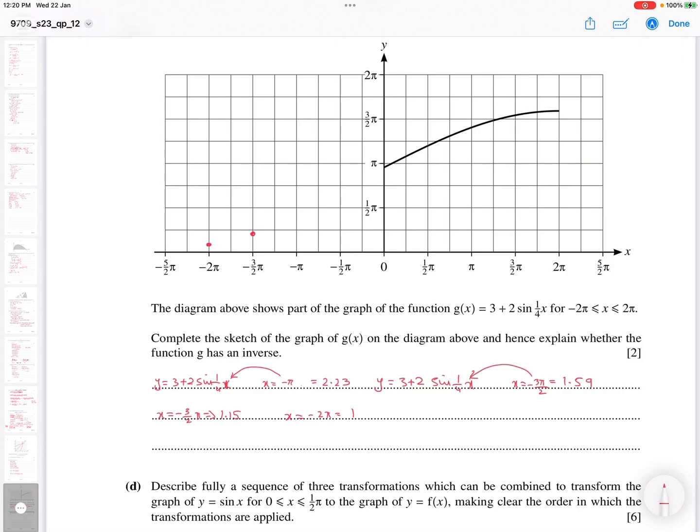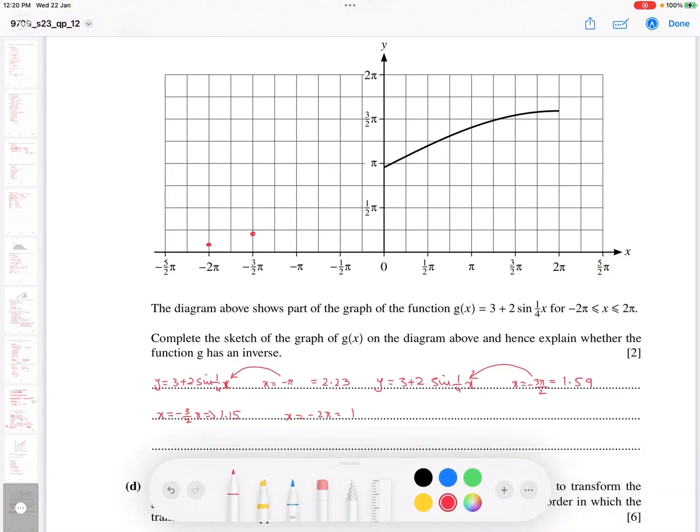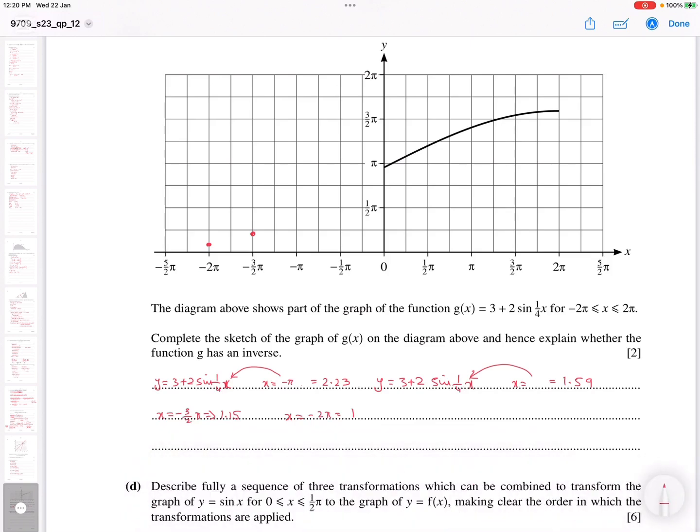Sorry, this is negative pi. Okay, negative pi by 2 is done. Then negative 3 pi by 2 is done.